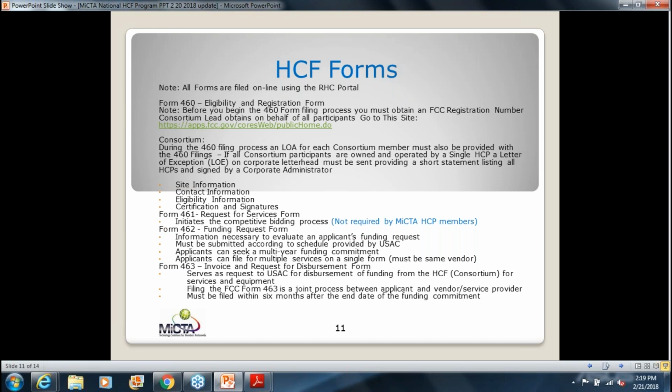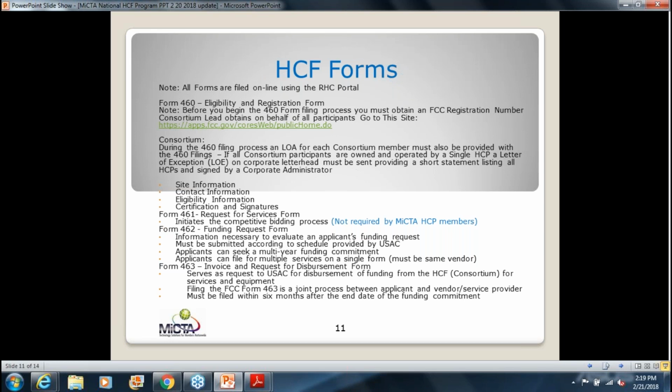And the Form 463 you see there is the invoice document for disbursement of funding under this program. Under this program, relative to the service provider, once the 35% has been paid, whether it be a non-recurring charge or an MRC, a monthly recurring charge, once it's paid by the applicant, in this case the consortium leader, then the remaining amount is paid directly to the service provider by USAC.